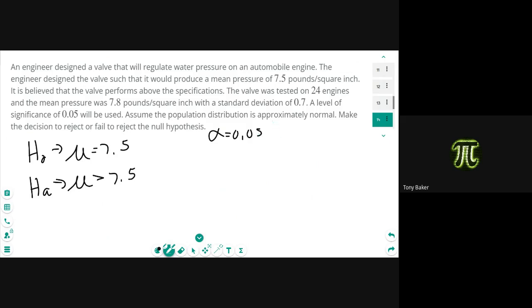One-tailed or two-tailed? One tail. T or Z? T, because I have the sample standard deviation in this case. So I need my degrees of freedom. My degrees of freedom is going to be 23, because it's 24 minus 1, which is 23.